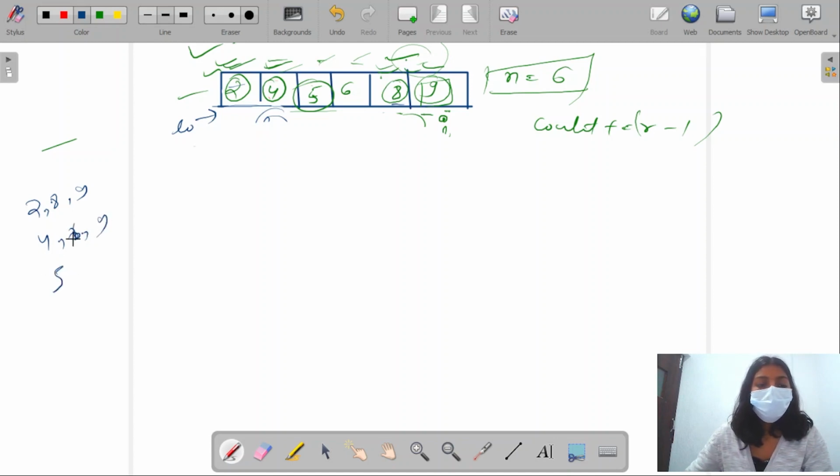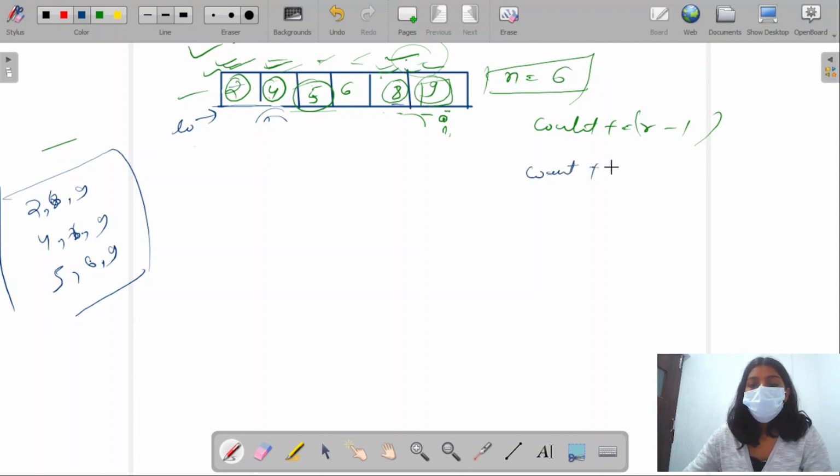Sorry, 4, 6, 9, 5, 6, 9 is also going to form a triangle, right? So now I again increase my count plus equals R minus L. R was at index 3, L is at index 0. So my count is increased by 3 minus 0, that is 3. So previously my count was 4. So now it becomes 4 plus 3, 7.